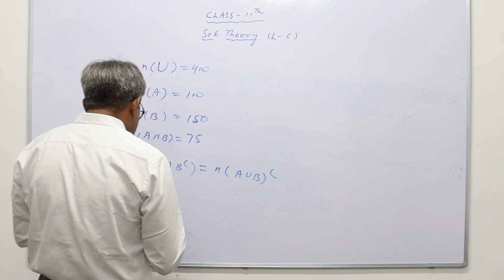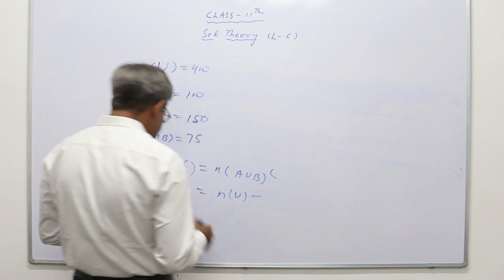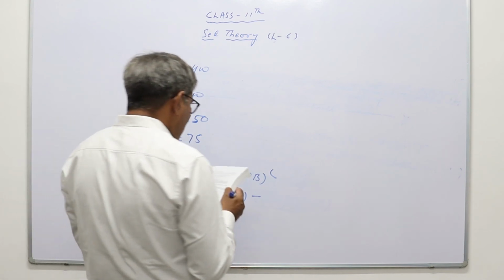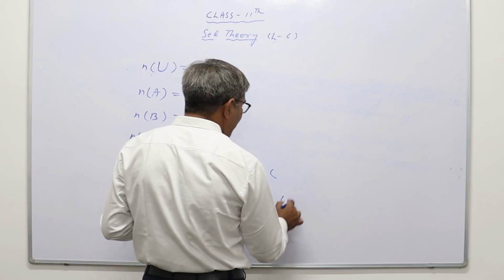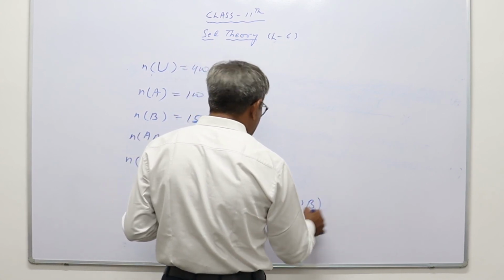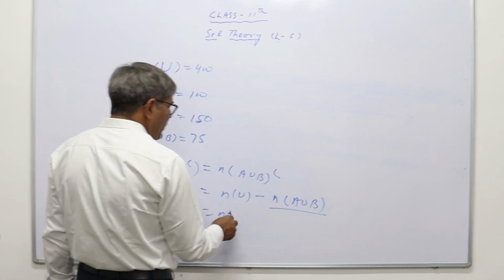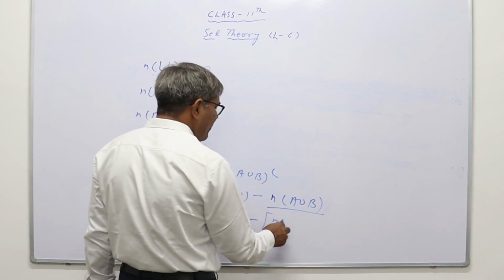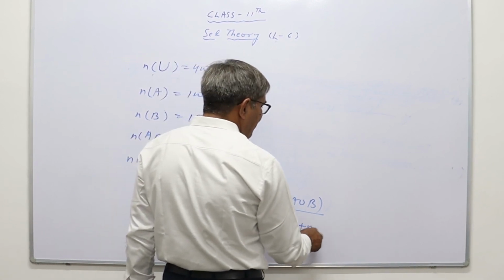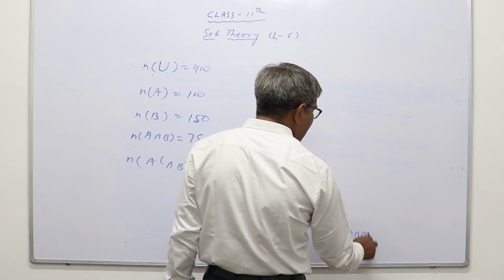So it will be equal to n(U) minus n(A union B). Now what is n(A union B)? It will be equal to n(A) plus n(B) minus n(A intersection B).